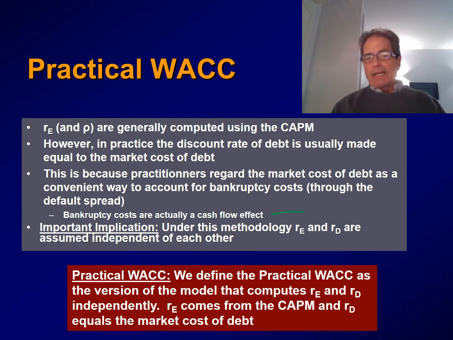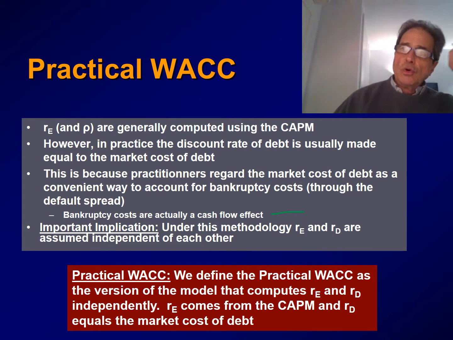So let's define the practical WACC. The practical WACC is the version of the model that computes RE and RD independently. RE comes from the capital asset pricing model, and RD equals the market cost of debt. And they are independent variables, as opposed to what happened in the formal WACC.